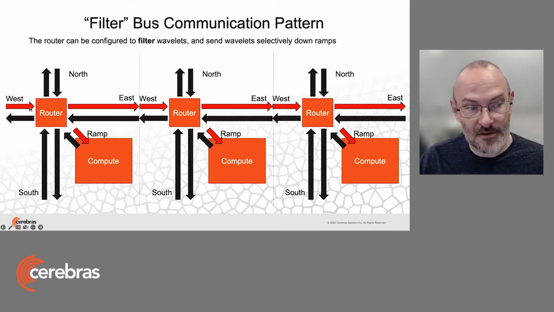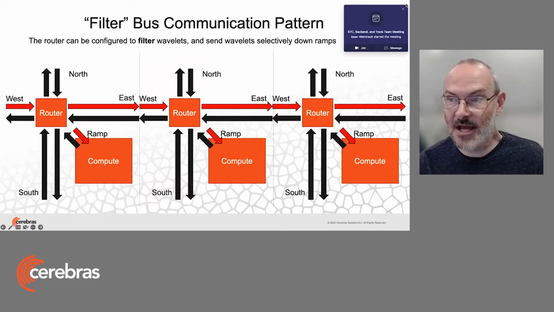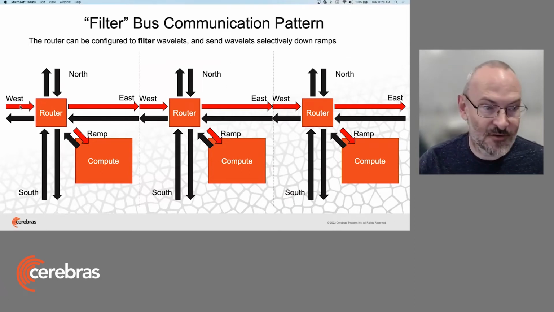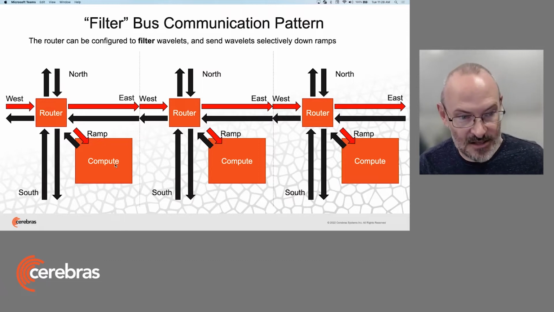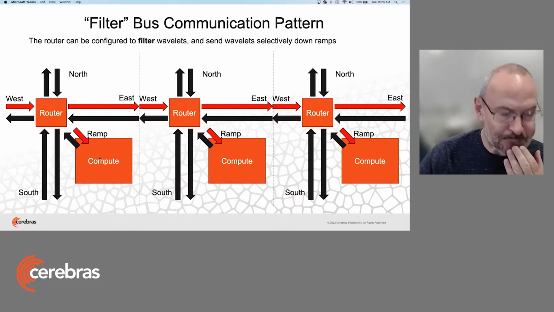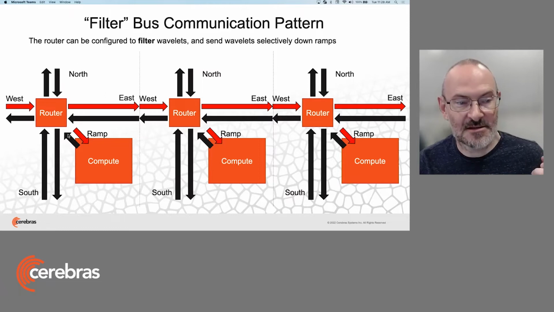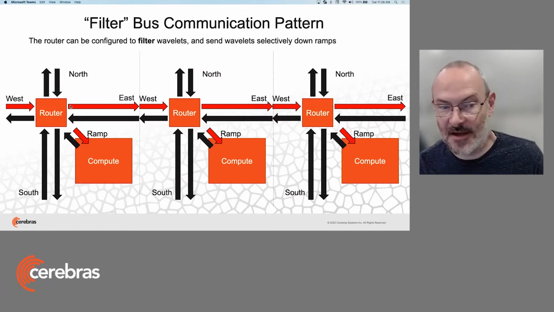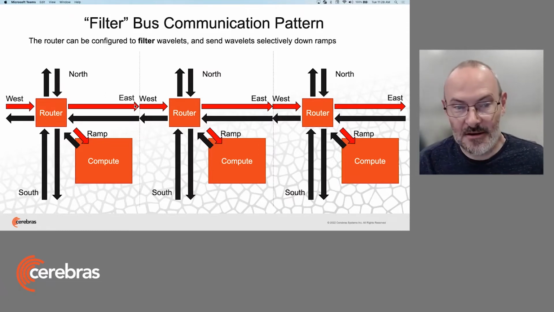An example of the sort of thing that can be done is you read 10 wavelets. The first 10 get sent down the ramp. After that, it switches and sends everything else east. And then what happens here? Well, nothing arrives till the second 10.